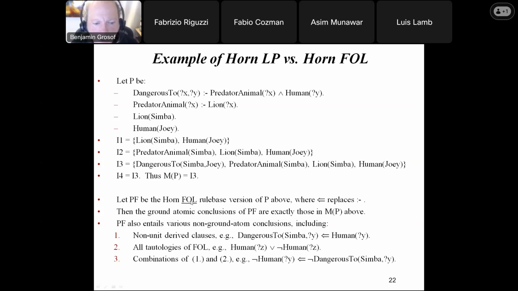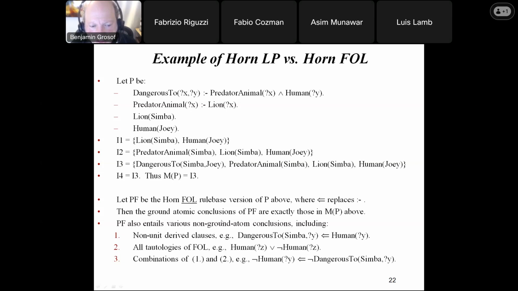Now consider the Horn FOL rule-based version of the set of assertions above, where the classical implication connective replaces the colon dash that is used in logic programs, LP. Then the ground atomic conclusions of PF, this Horn FOL version, are exactly the same as those in M of P above. That is, that set of ground facts that are concluded in LP and that are in the model.